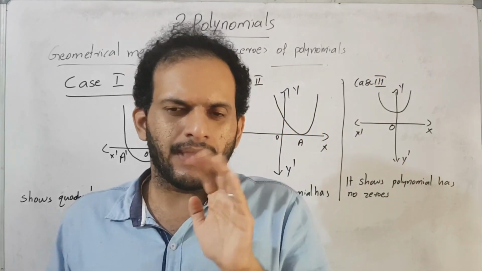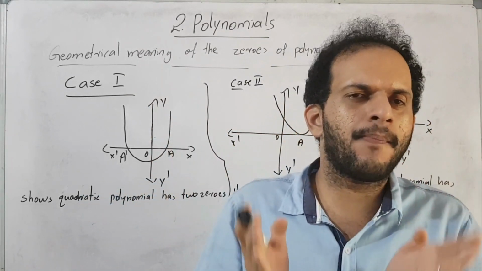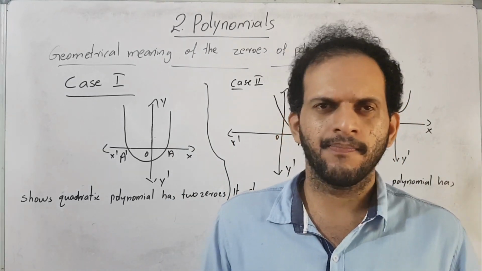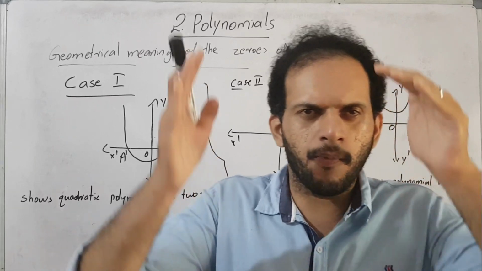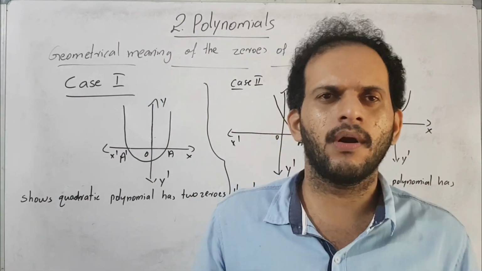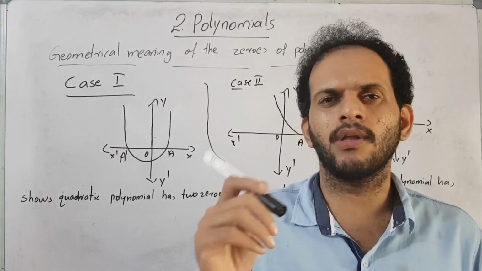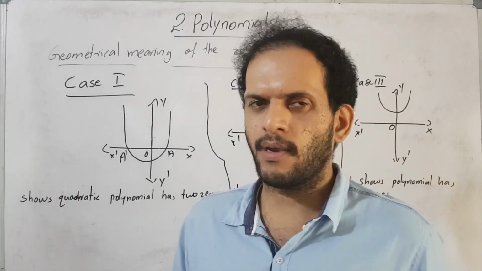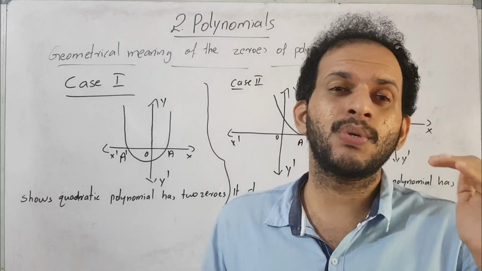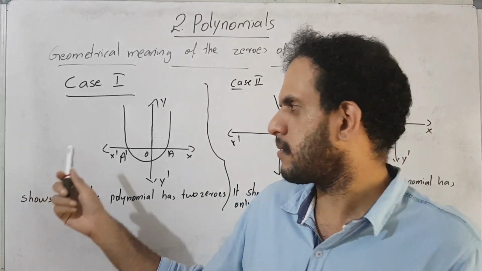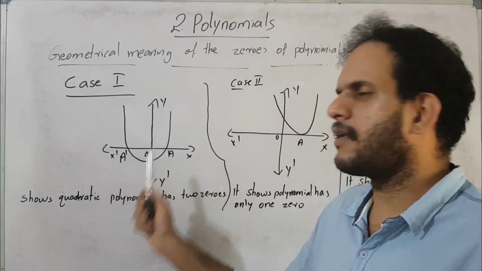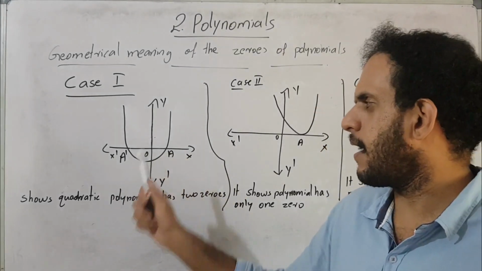Okay, then we discussed the shape of the graph of quadratic polynomials, correct? It opens upwards or opens downwards, and we call it a parabola. If we draw parabolas, there are three cases. The first case is like this: the graph intersects the x-axis at exactly 2 points, a and a dash.